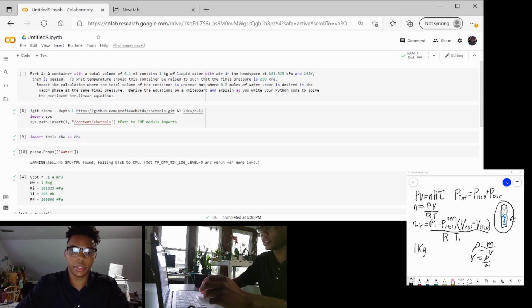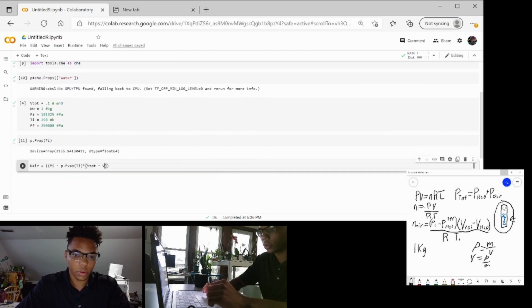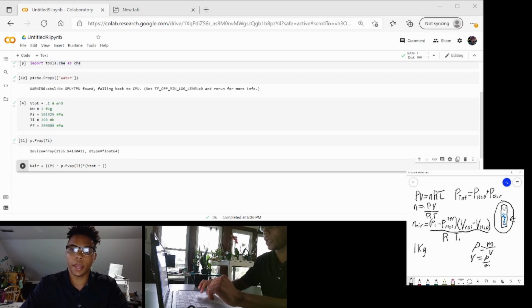Let me find my code here. So density is mass over volume, so volume equals density divided by mass. Right?